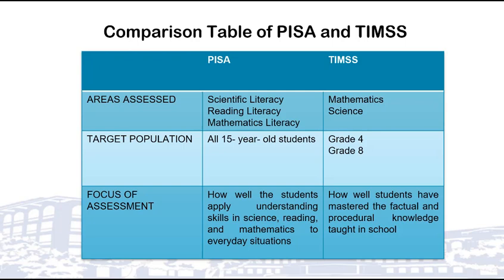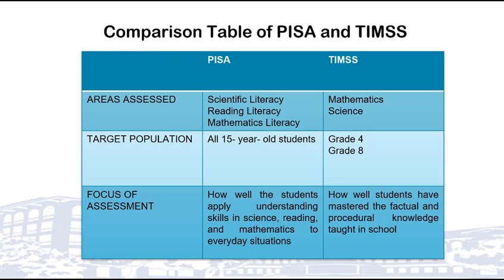While in TIMSS, we have only two fields, which are mathematics and science. And on the target population, under PISA, all the 15-year-old students can participate in the assessment. And in TIMSS, only the grade 4 and the grade 8 students can participate in the assessment.